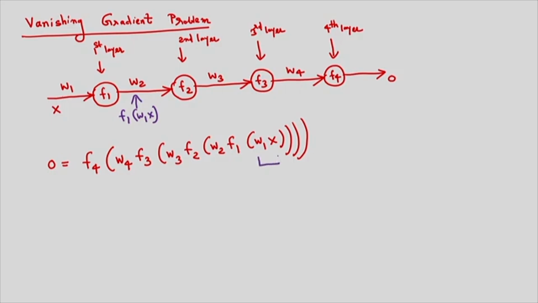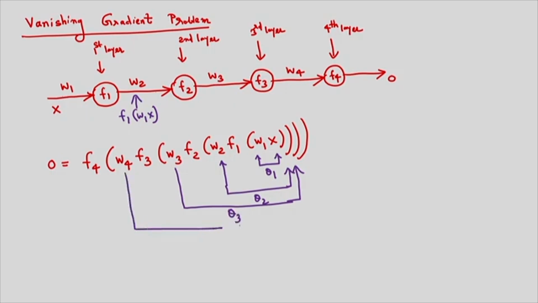This W1 X I can consider as theta 1, and this W2 up to this point, I can consider as theta 2. Up to this point I can consider it as theta 3, and up to this point I am considering as theta 4. This is for the mathematical convenience I am considering.